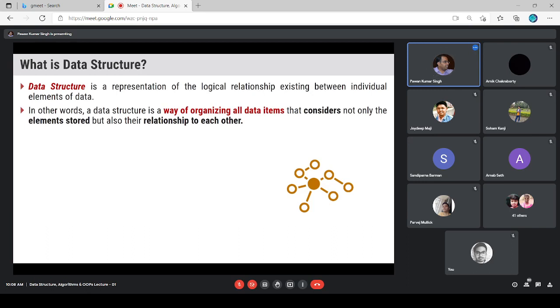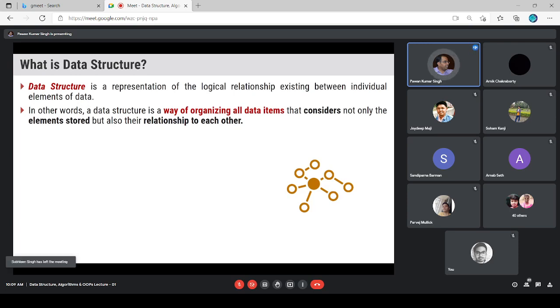Or in other words, we can say that it is the way of organizing all the data elements or data items that considers not only the elements which are stored in it, but also the relationship between them.